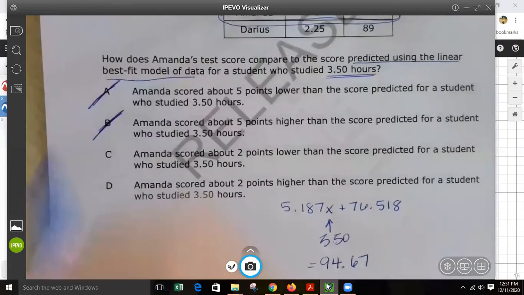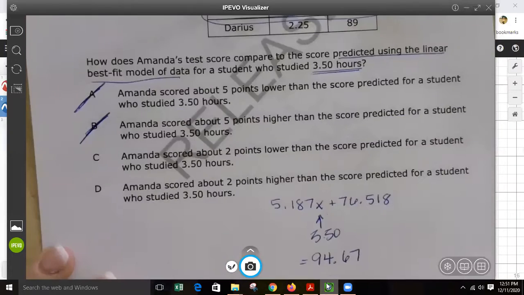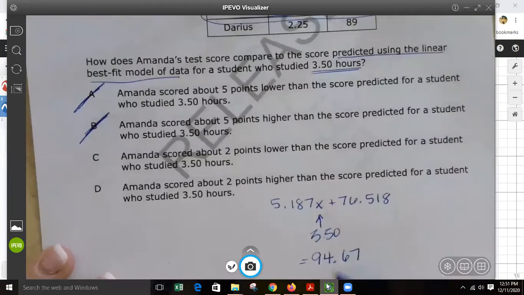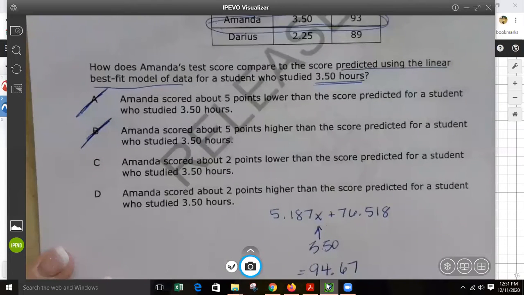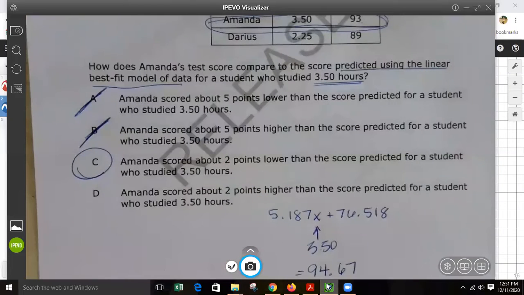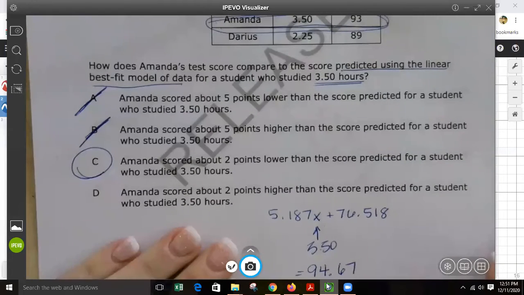We know this is not right. And did Amanda get 2 points lower or 2 points higher than the 94? Lower. That's how you do. That's it, y'all. Just make sure you read the question really good. We didn't do number 10.